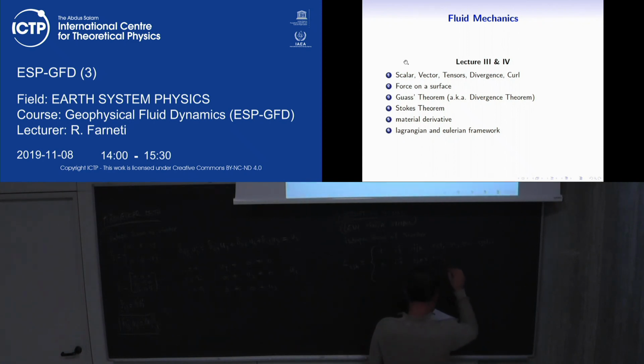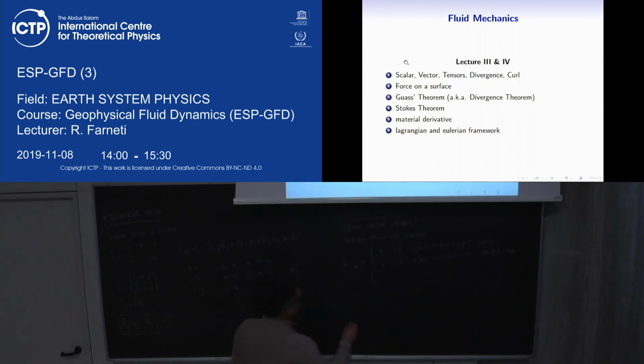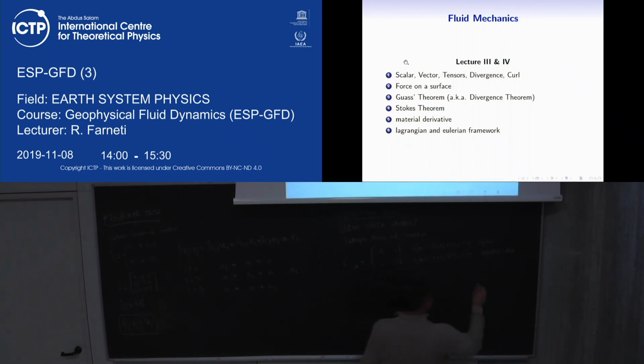So 1, 2, 1, for example, 3, 2, 2, 2, 3, 3. And it's minus 1 if i, j, k is anticyclic. So, for example, 3, 2, 1, 2, 1, 3, 1, 3, 2.